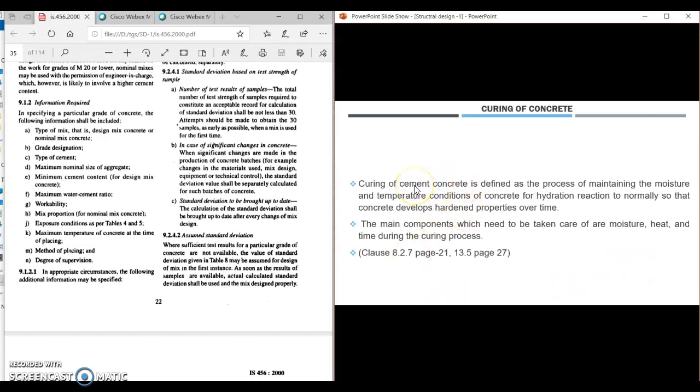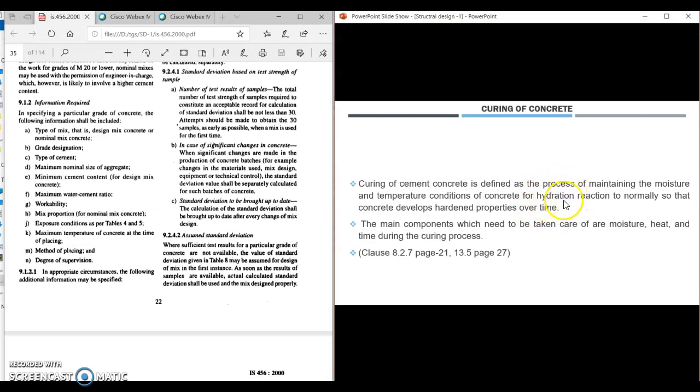The curing of concrete is the next process. Curing is the process of maintaining the moisture content and temperature of the concrete during hydration. During the hydration process, water reacts with the cement and heat is generated.